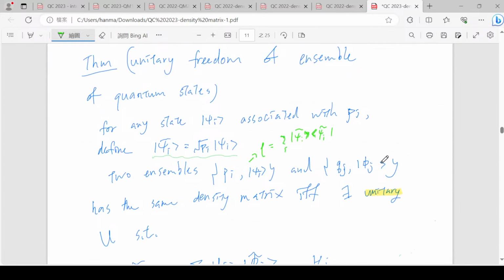What's annoying is that the number of vectors here, the number of vectors there, and the dimension of the Hilbert space can all be different from each other. It's really arbitrary. When we talk about an ensemble, it doesn't need to equal the dimension of the Hilbert space. You can have any number of vectors here and any number of vectors there, like even in a two-dimensional space, an ensemble of 100 vectors here and an ensemble of 1000 vectors there.